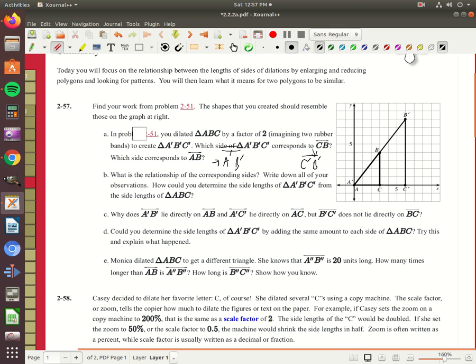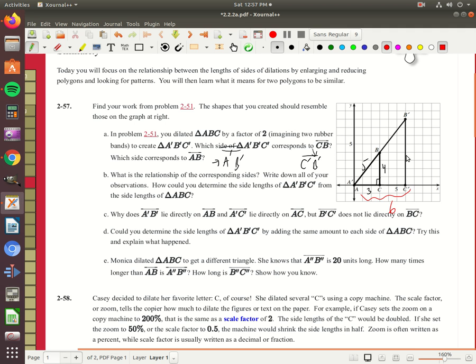The other thing I would say is that the side lengths look double, right? AC is 3 and BC is 4. I know that this is a right triangle, so it's a very famous right triangle, 3, 4, 5. Well, I'll change the colors here, and I will say A prime, C prime is 1, 2, 3, 4, 5, 6.